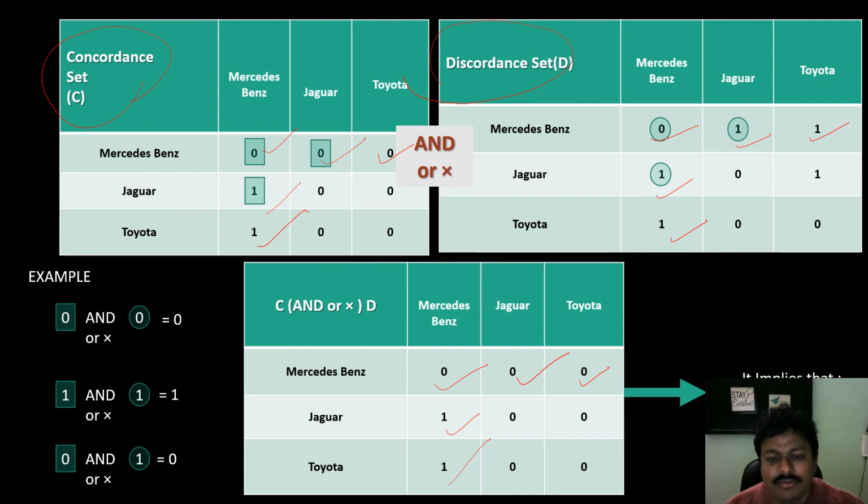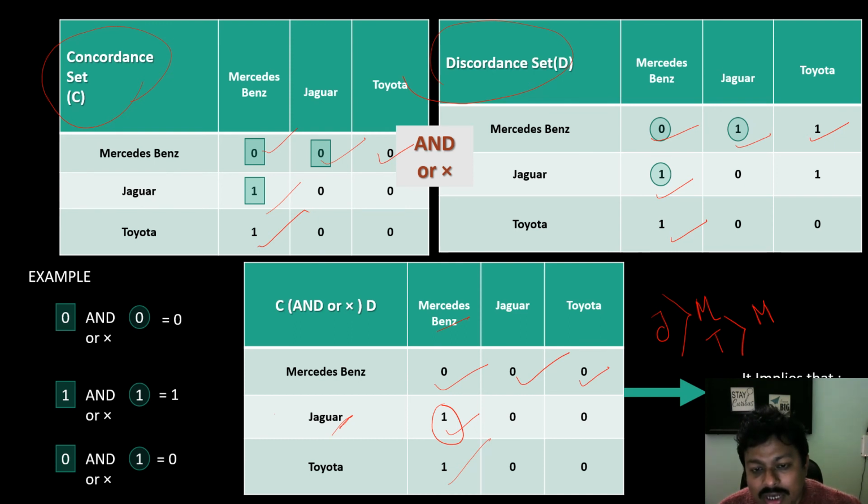And from here, what we found is, when I compare Jaguar with Mercedes-Benz, Jaguar is more important than Mercedes because there is a 1 here. And when you compare Toyota with Mercedes-Benz, we find that Toyota is more important than Mercedes-Benz, because whenever there is a 1, and if this is the alternative with which you are comparing the other alternatives, then the alternative which you are comparing becomes more important.